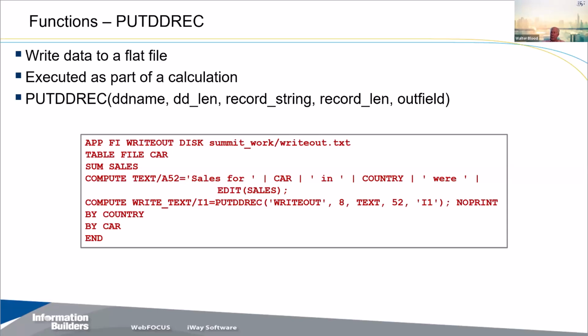You can create that list using the computes here and output it with PUTDDREC, which could then be used to feed anything else. You could pick that file up immediately and process it using something else. You could have another table request that's going to generate a letter or an email that's going to go out to somebody saying, look, you need to pay this bill because it's overdue.